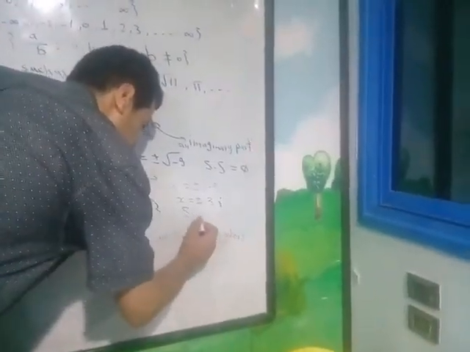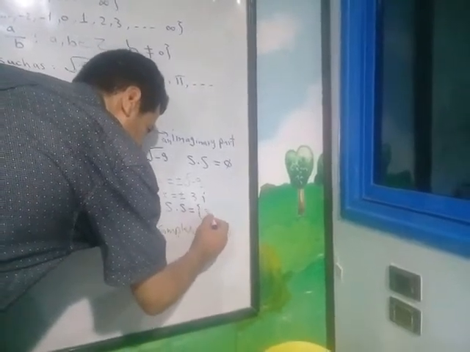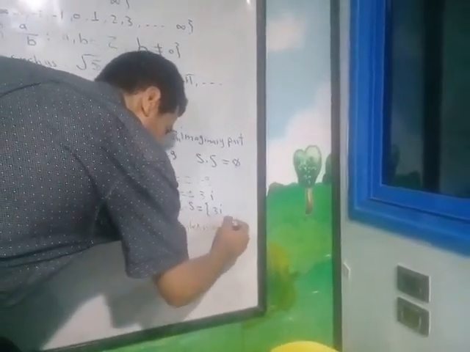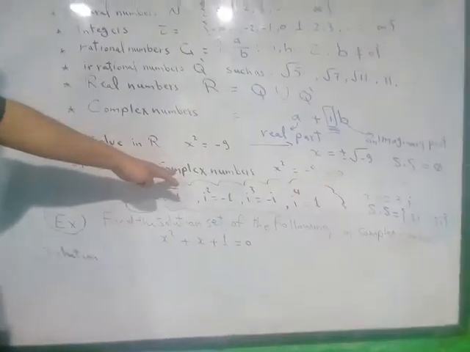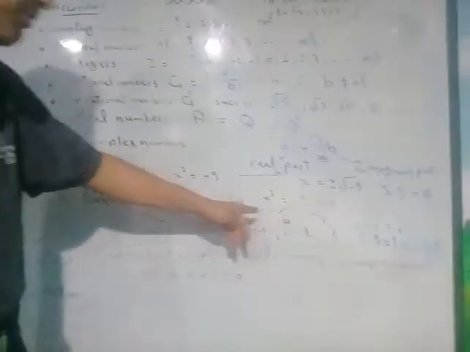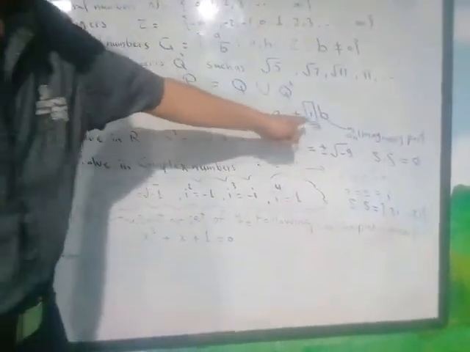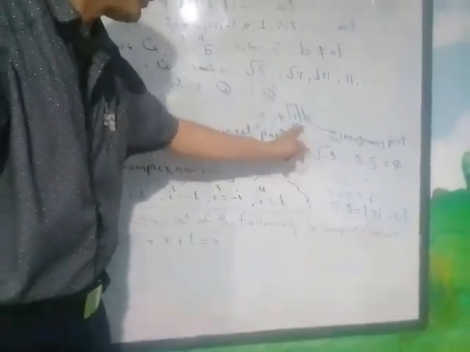So the solution set here equals 3i and negative 3i. This is the difference between real numbers and complex numbers, because complex numbers have an imaginary part.